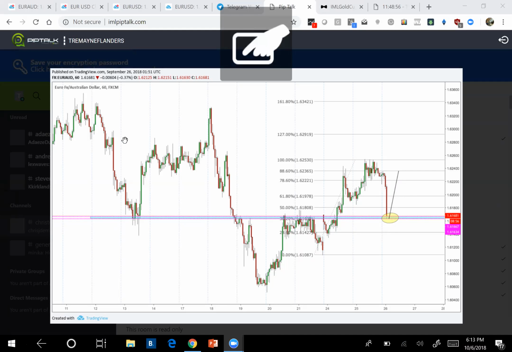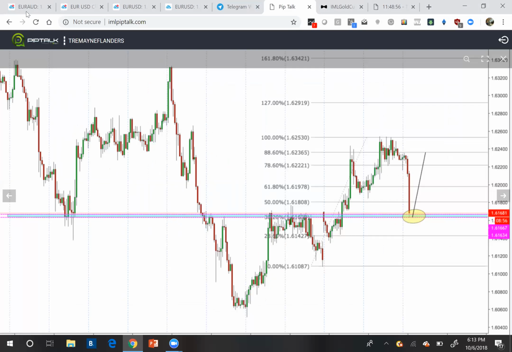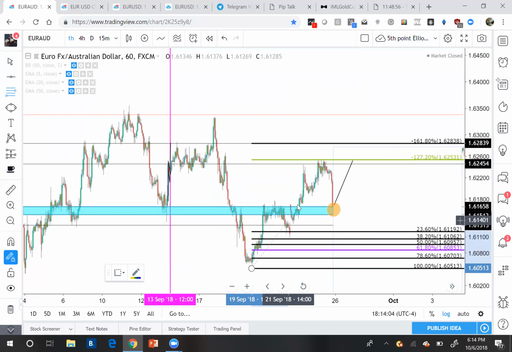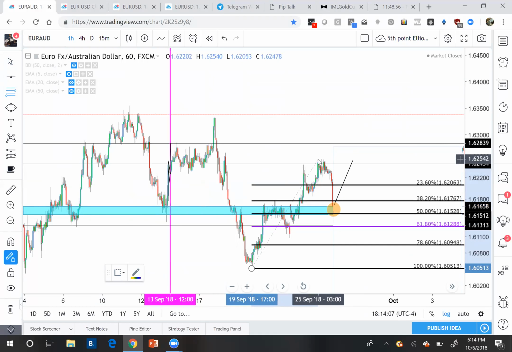So what I'm showing here is that the Fibonacci is a tool that measures the percentage of the previous wave that the current wave has reversed. So what is the previous wave and the current wave?